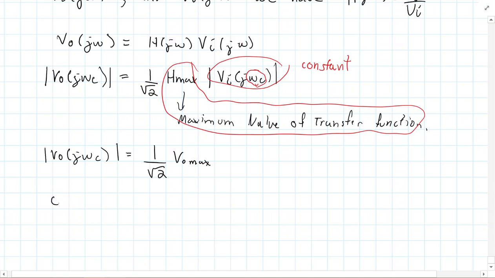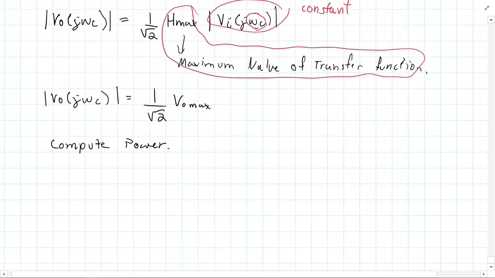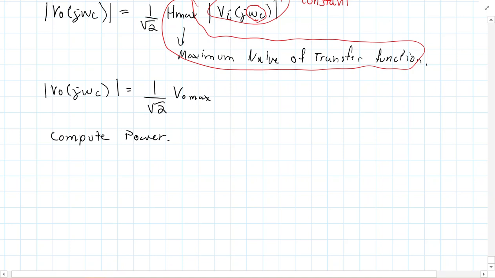Let's compute power. Now power here would just be, and we're going to assume non-RMS, I'll write it here as complex power.